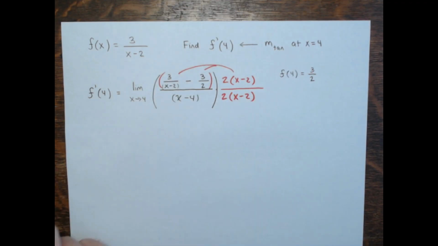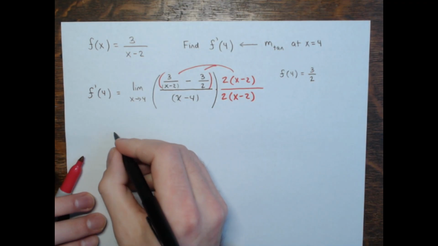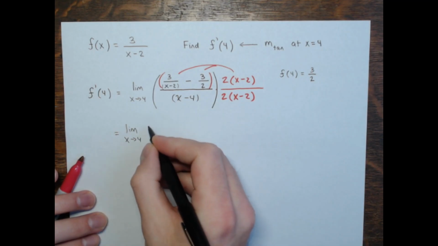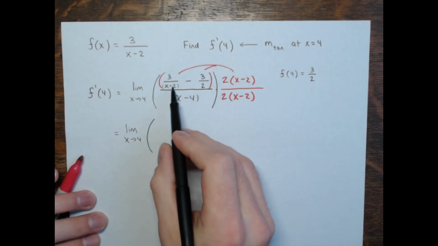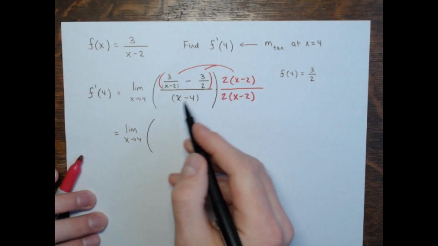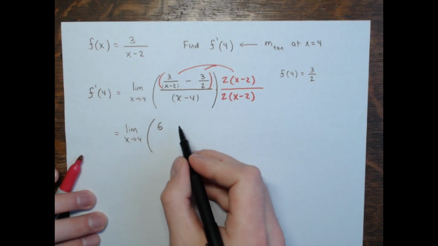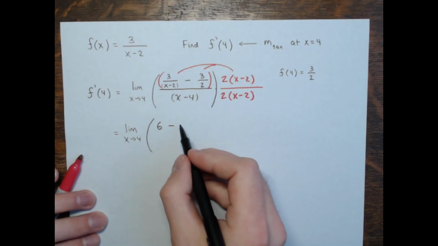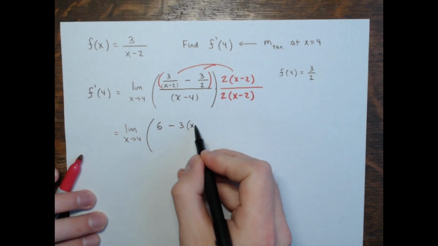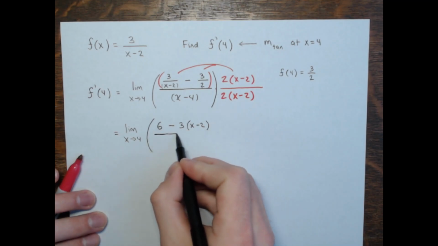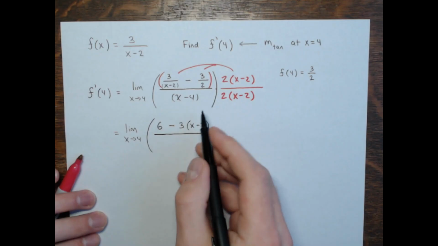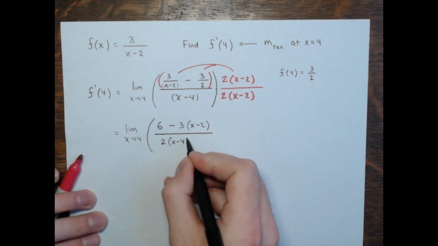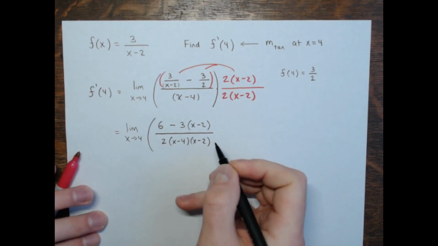There's a difference, subtraction. So we have the limit as x approaches 4 of, first one would just be 6, right? The x minus 2's would cancel, so 6. And minus, and then here the 2's would cancel, so 3 times the quantity x minus 2. So that's the numerator. And then down here we have these three factors. I'll put the number in first. 2 times x minus 4 times x minus 2.